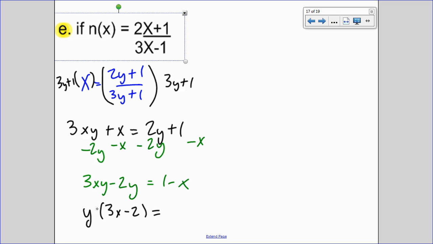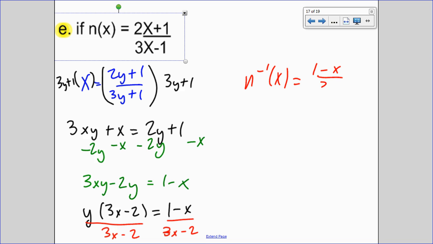It's a 3x minus 2 y term, but it's just a y term. It's 1 minus x. To get y alone, just divide by 3x minus 2. So instead of y, I'm going to write n inverse of x, which is going to be 1 minus x over 3x minus 2.